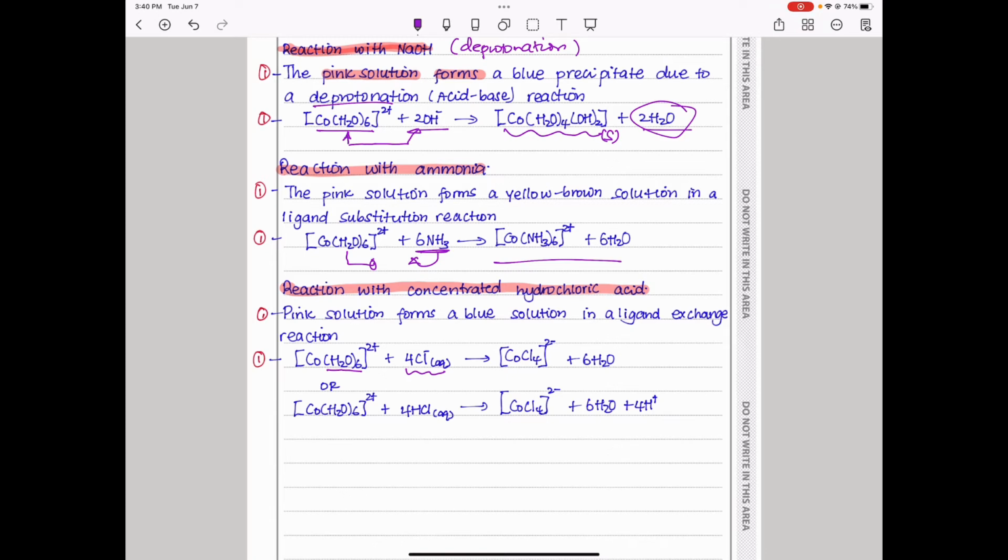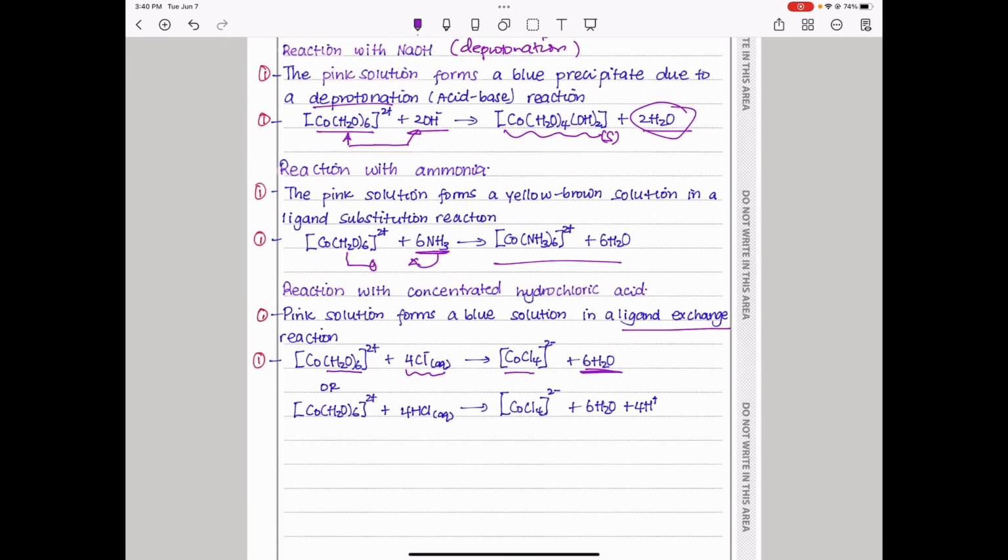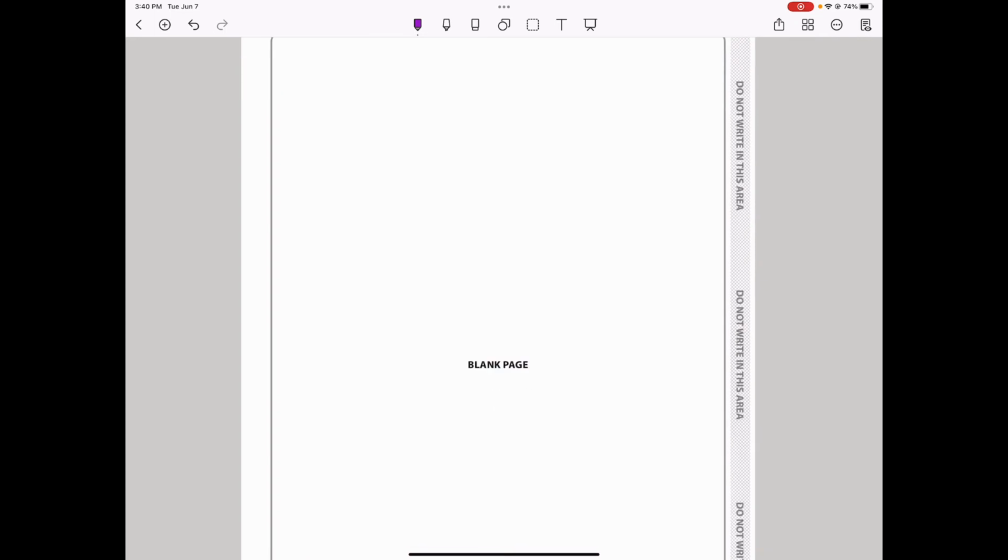So in this case, the product is going to be CoCl4 power minus 2, and then the water ligands are kicked out. So this is again a ligand substitution reaction.